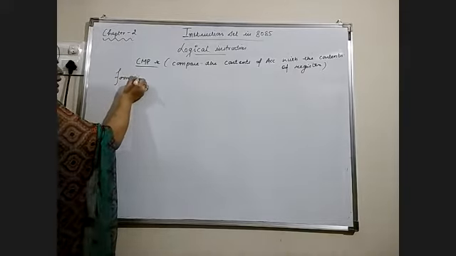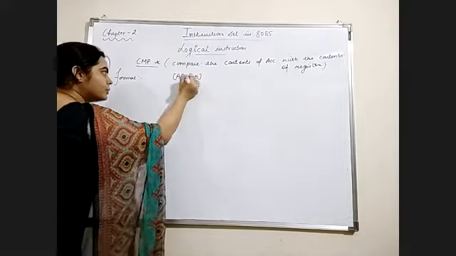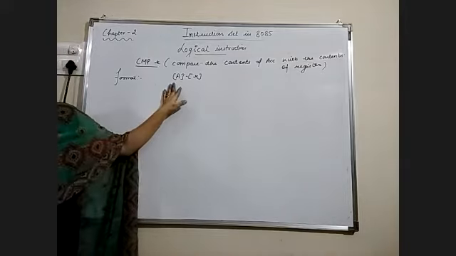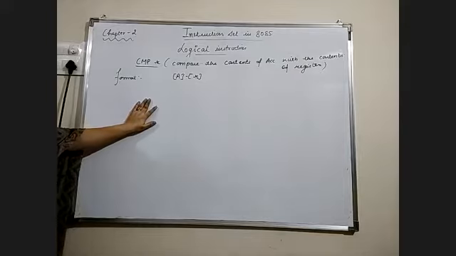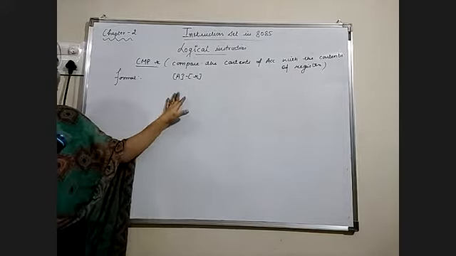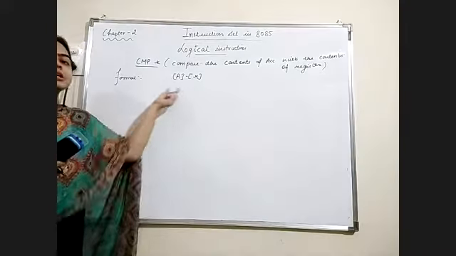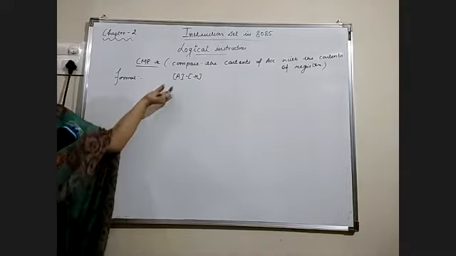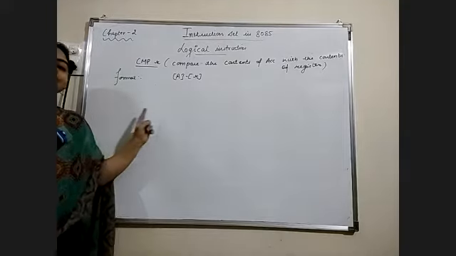In this case, the format is that the contents of the accumulator will be compared with the contents of the register by the method of subtraction. The operation is performed by subtracting the register contents from the accumulator contents, but after the execution, the subtraction result will not be stored in the accumulator again. We are only comparing the contents using subtraction.